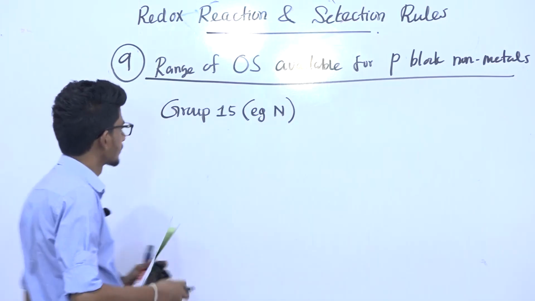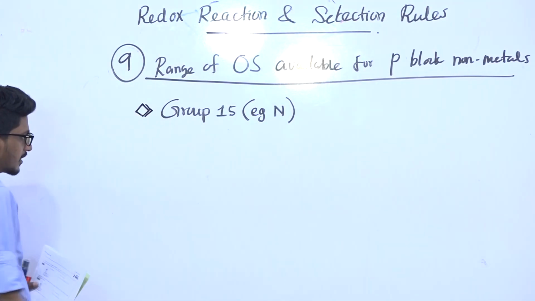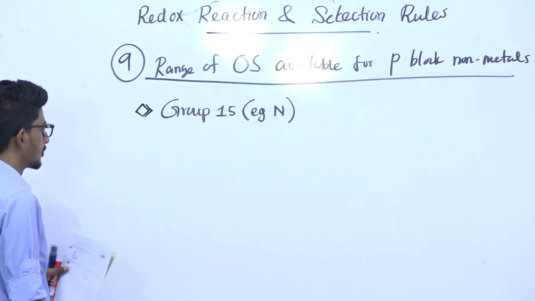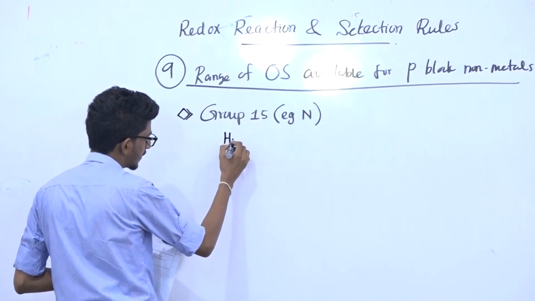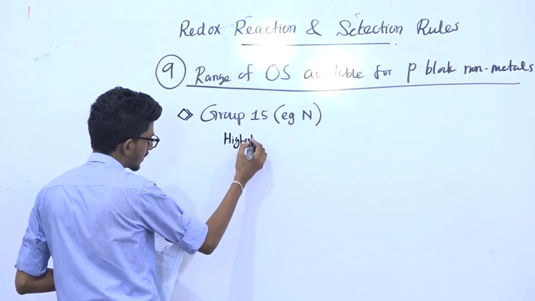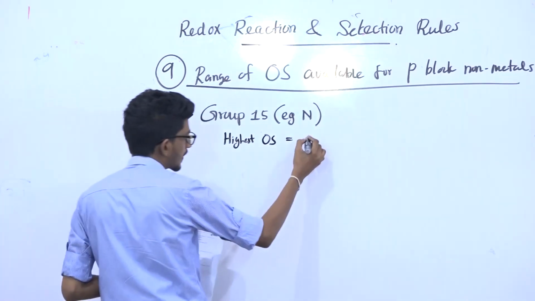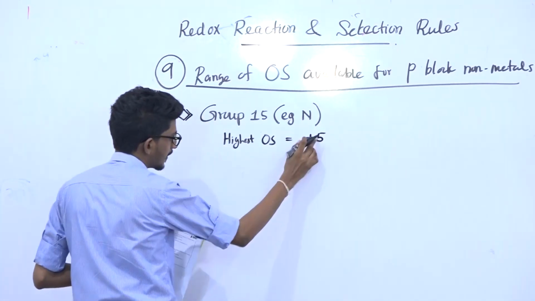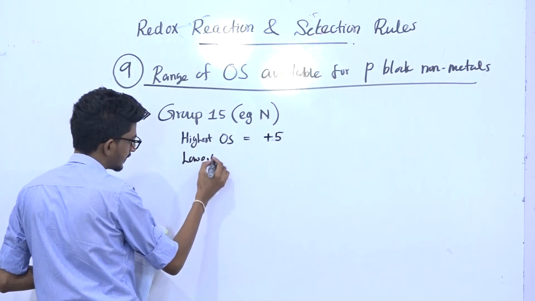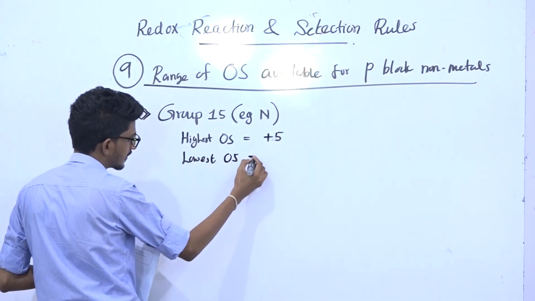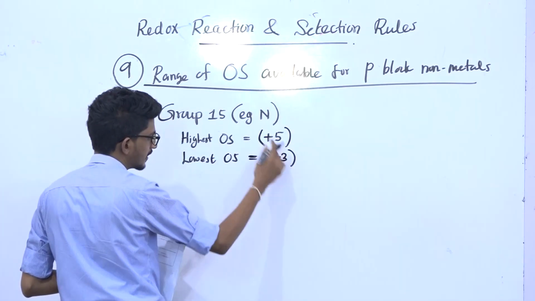So you can apply the same logic for group 16 and 17 as well. For group 15, the highest oxidation state is +5 and the lowest oxidation state is -3. Normally we write the oxidation state within brackets.